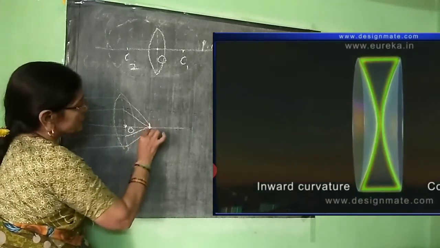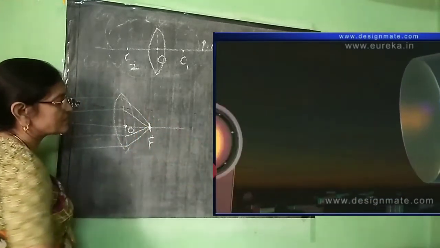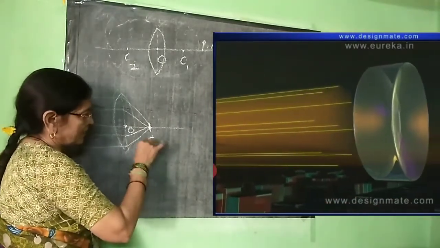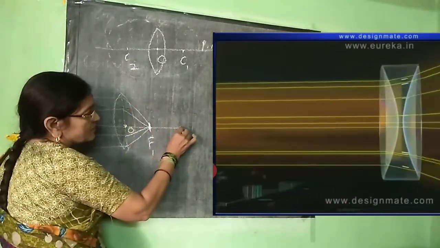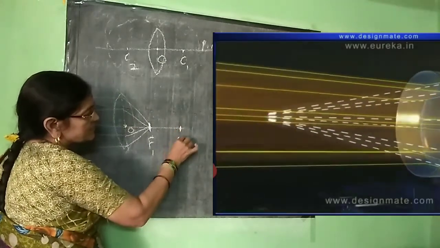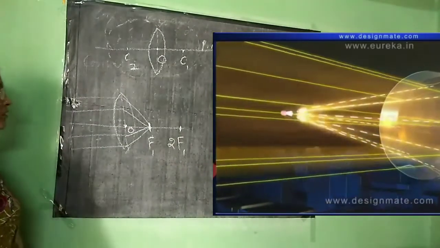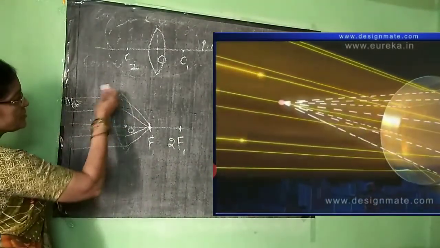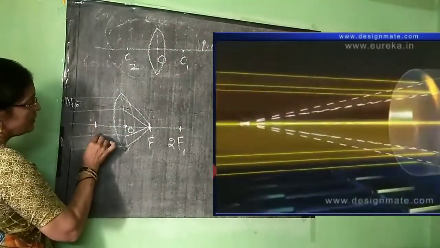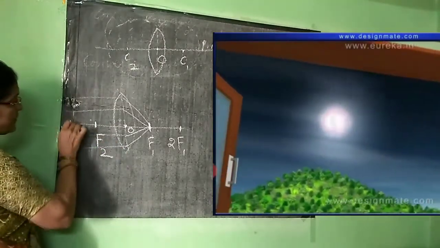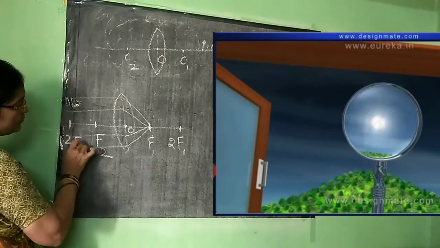That point is known as principal focus or focal point. This is designated by F1, and the center of curvature will be double this, 2F1. Then on this side also, this is F2 and this becomes 2F2.